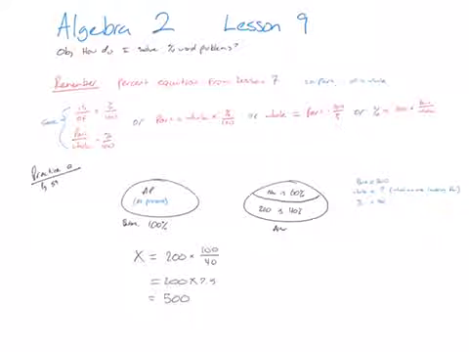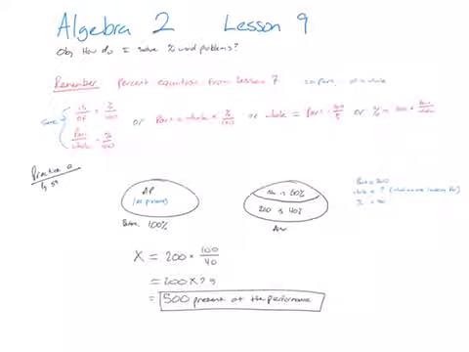So 500 people were present at the party. If it went even further and said, how many people are the neos? Well, you could say 60% of that 500, or 200 of them are not, so that means 300 of them would be. You could keep going from that if they needed you to do so, but they didn't ask you to, so we'll stop there.